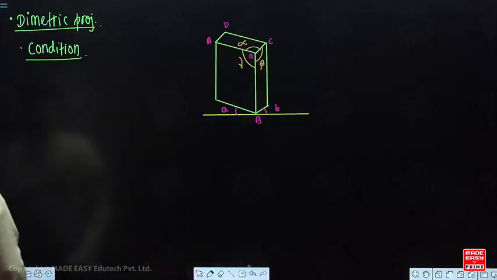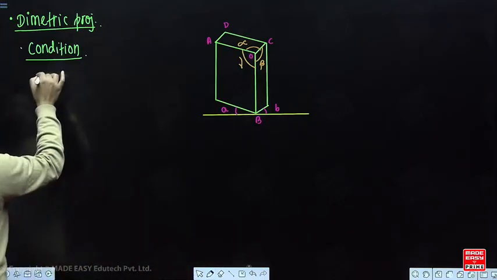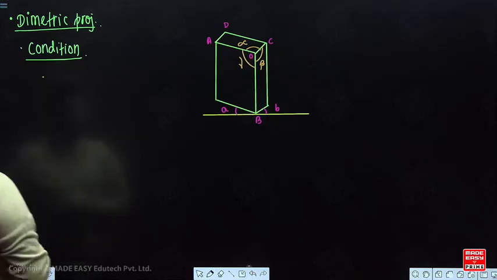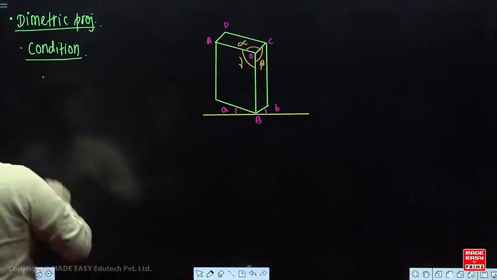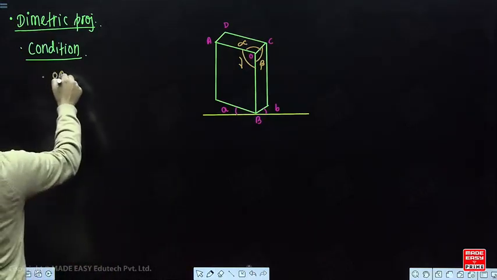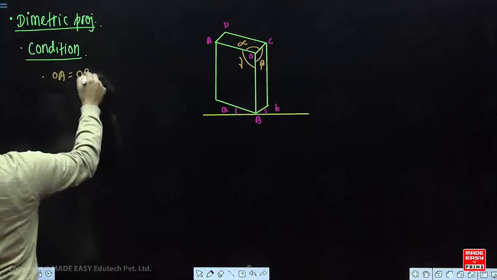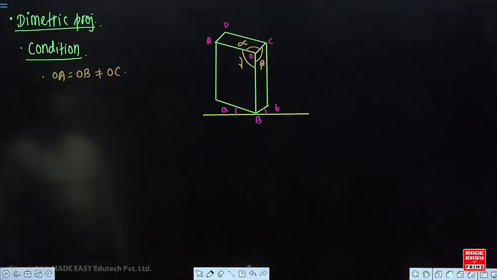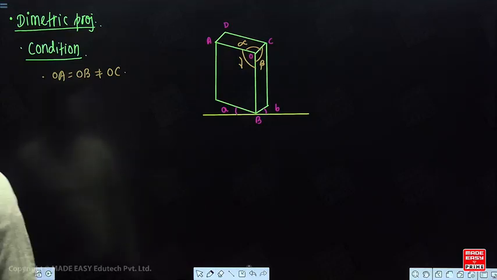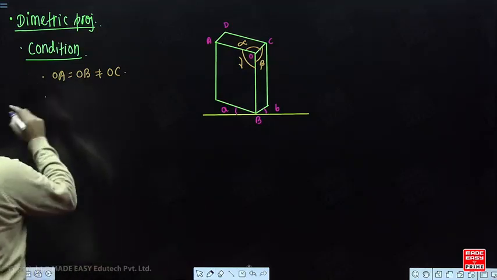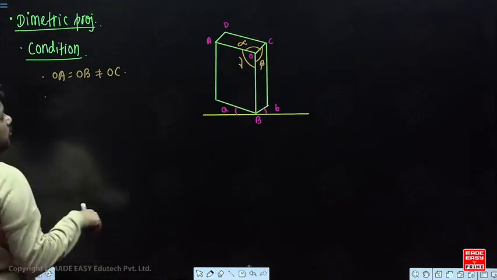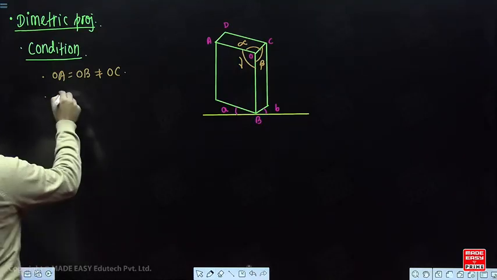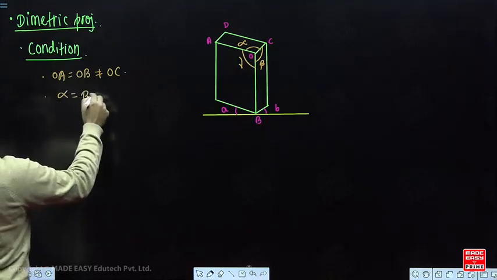So in diametric projection, you have only two sides equal, right? OA and OB will be equal, but OC is not equal. So if OA and OB are equal, alpha will be equal to beta, not equal to gamma.